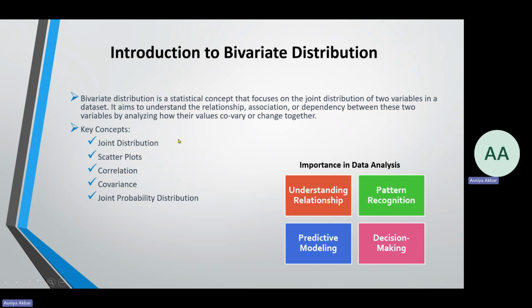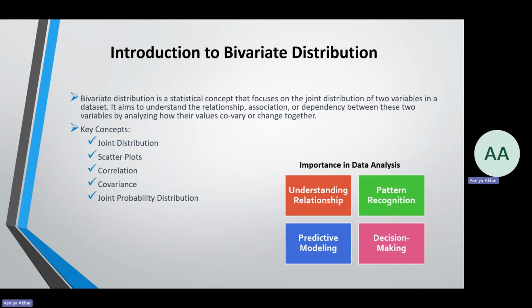Firstly, joint distribution represents the probability distribution of two variables considered together. Scatter plots are a graphical representation that displays individual data points in two-dimensional space, allowing for visualization of a relationship between two variables. Correlation measures the strength and the direction of a linear relationship between two variables, and ranges from -1 to 1.